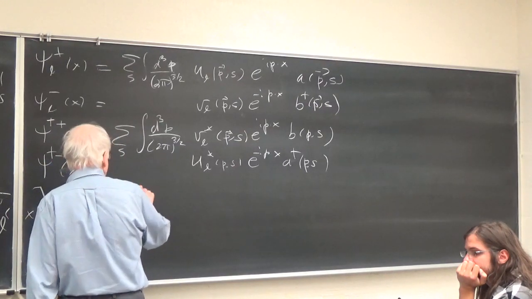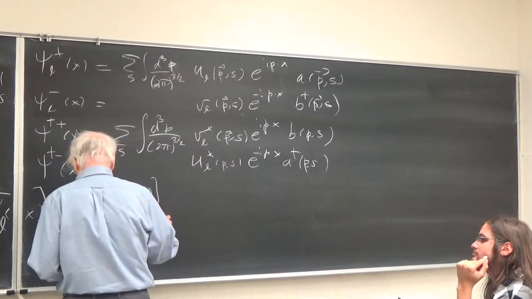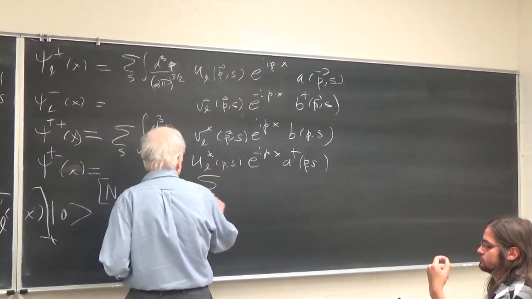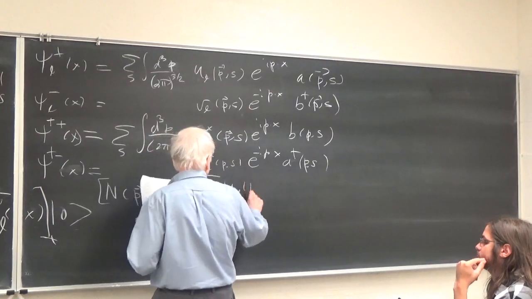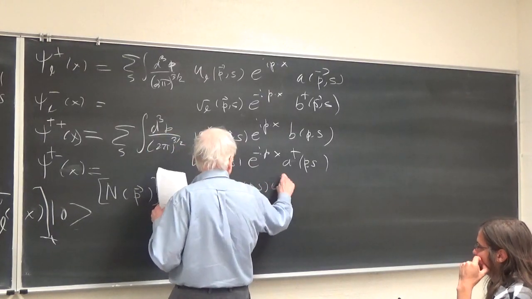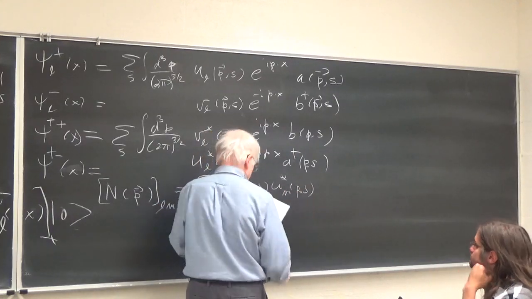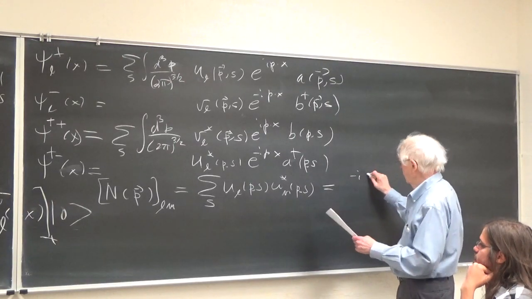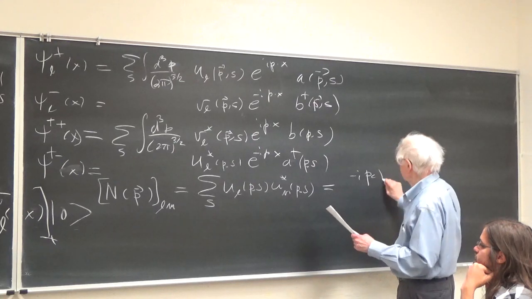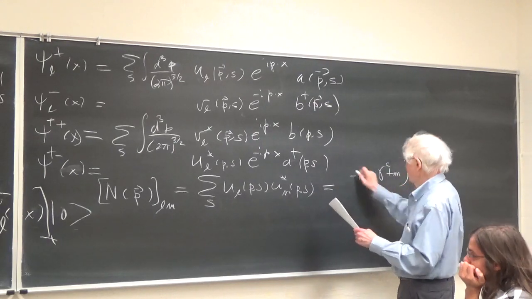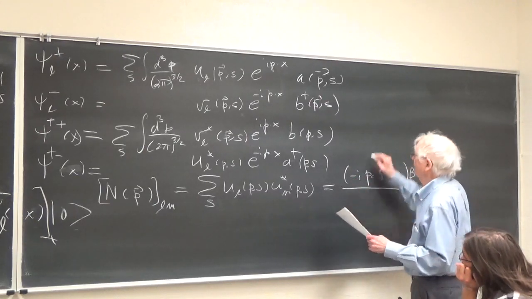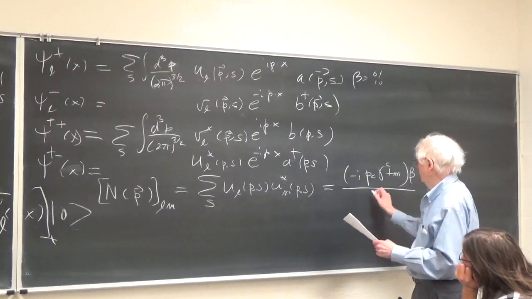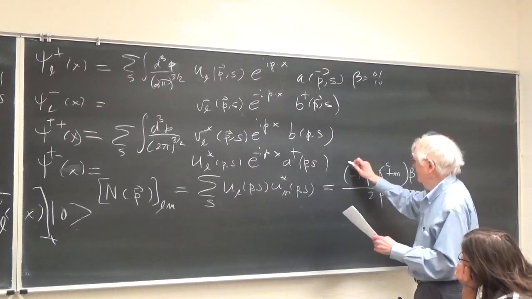So remember, what we computed there was that there was a matrix, and the matrix elements are L and M. This is the spin sum uL of p and s, u star M of p and s, and we computed that to be minus i p slash gamma plus m times beta, remember, beta is this 0, 1, 1, 0, over 2p0.